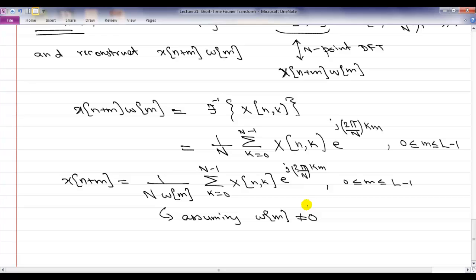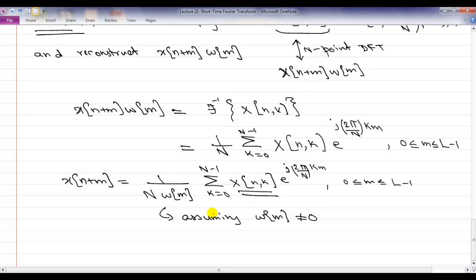And the answer for that is yes, because if you pay attention, this thing, X_n[k], which is the sampled short time Fourier transform, is defined for every little n.